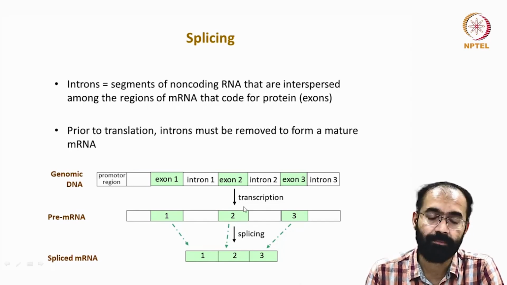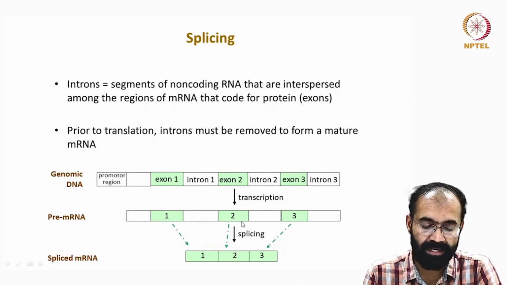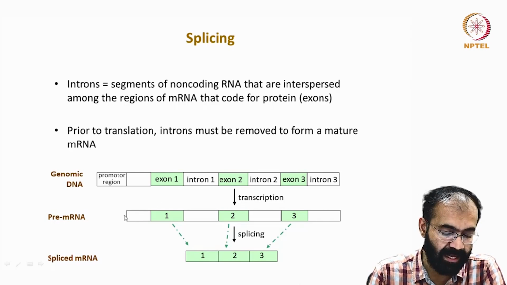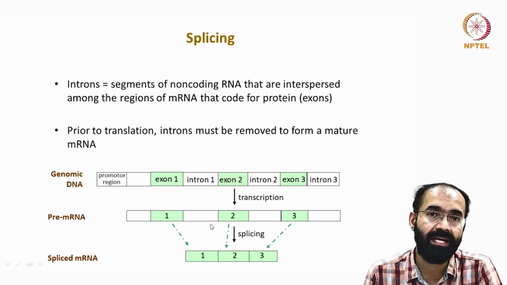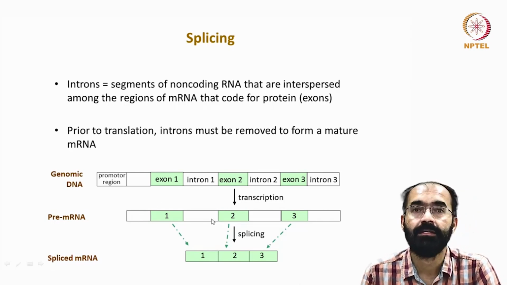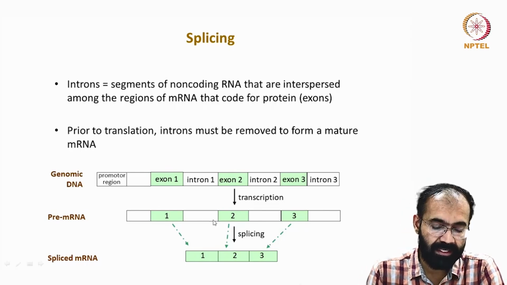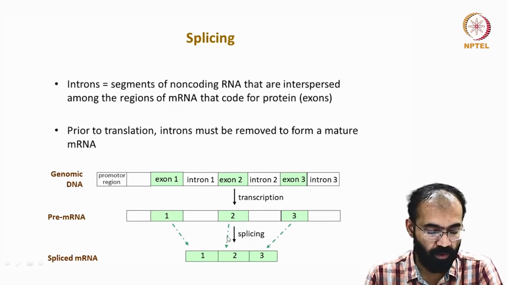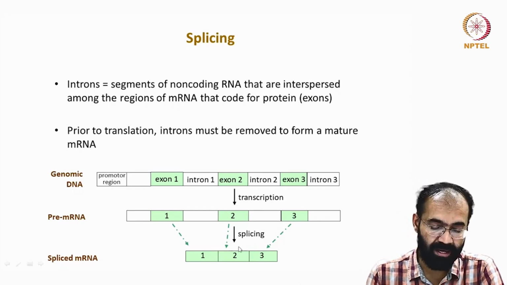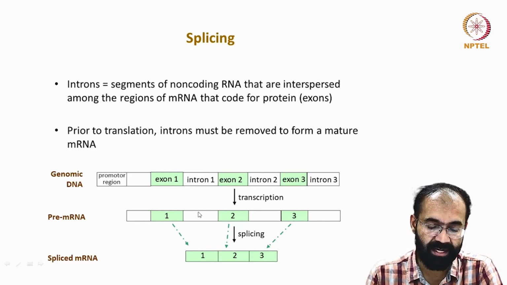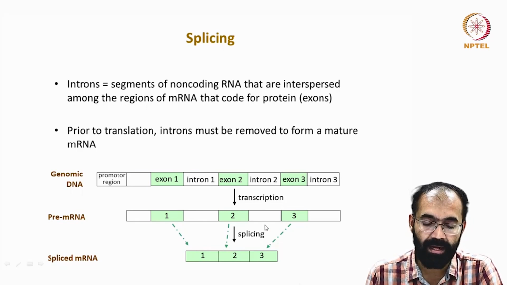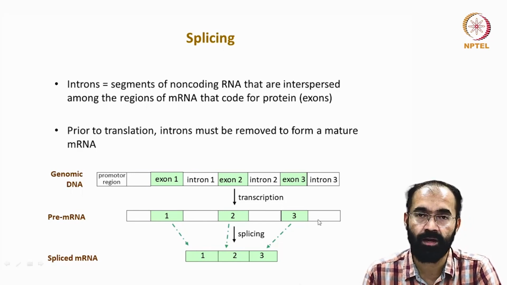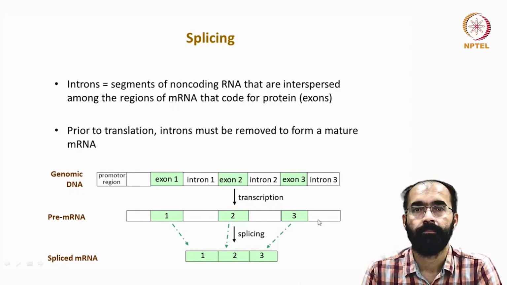During transcription, all these exons and introns are present in the RNA, and we call it pre-mRNA. That is, it is premature, and then it undergoes so-called splicing, where exon 1, exon 2, and exon 3 are spliced together to form a mature mRNA, as you can see here at the bottom, whereas intron 1, intron 2 and intron 3 are removed. They are no more part of the mature mRNA.